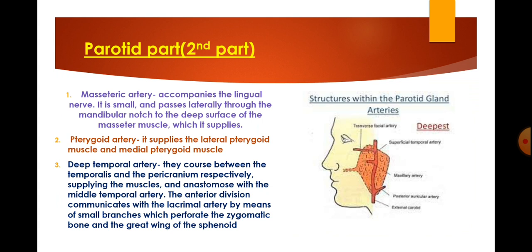Deep temporal arteries: they course between the temporalis and the pericranium respectively, supplying the muscles and anastomosing with the middle temporal artery. The anterior division communicates with the lacrimal artery by means of small branches which perforate the zygomatic bone and the greater wing of the sphenoid.